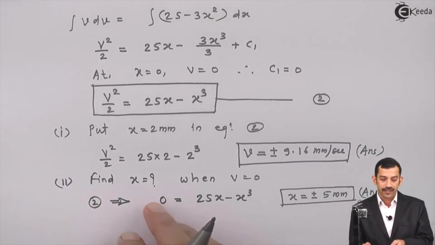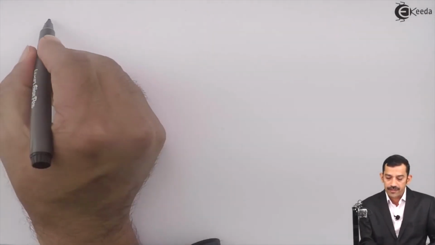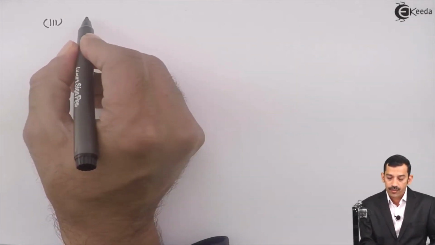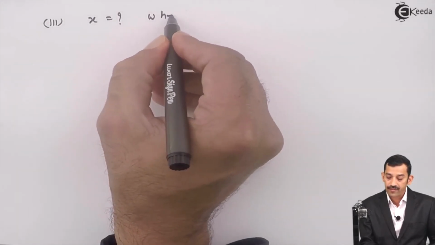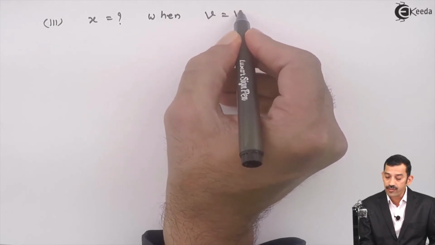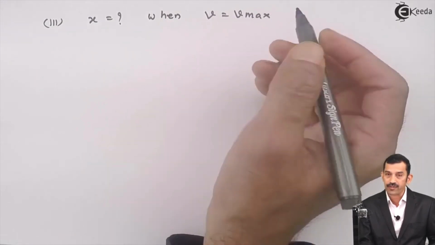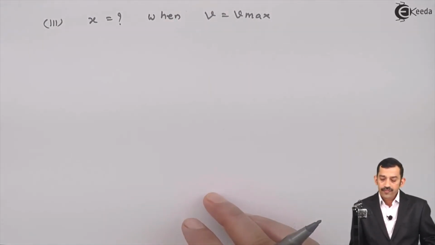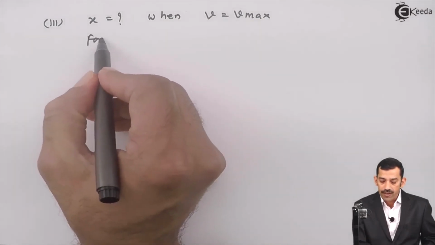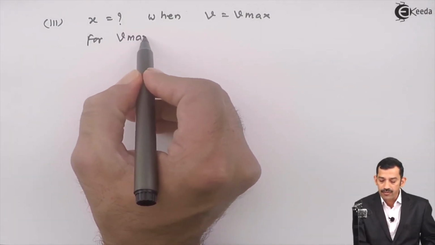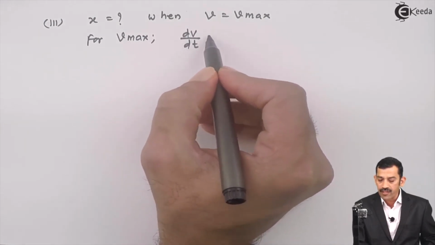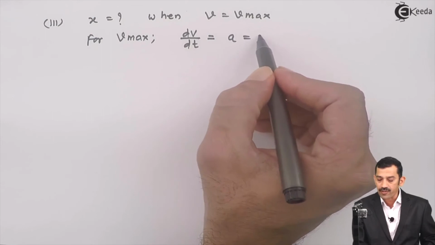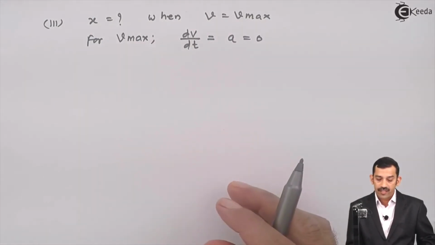Number 3, you have to find the position x when the velocity equals the maximum velocity. For maximum, the differentiation of velocity with respect to time t must be 0. That means the acceleration must be 0.